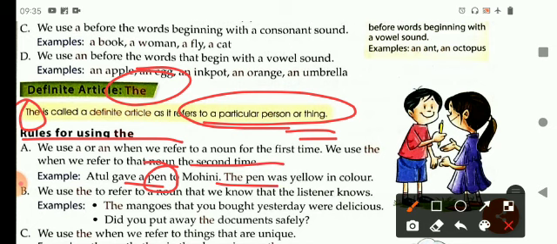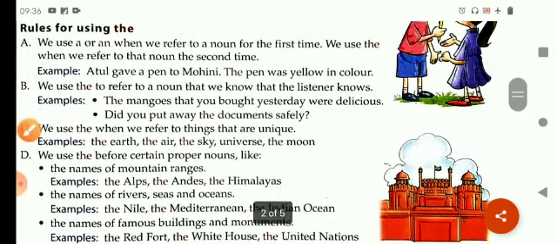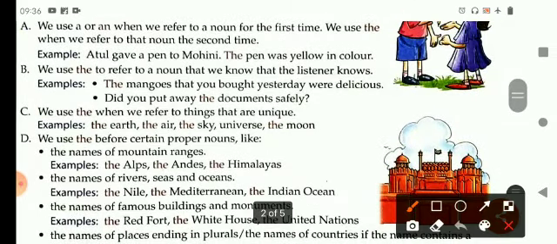We use the to refer to a noun that we know the listeners know. For example, the mangoes that you bought yesterday were delicious. Did you put away the documents safely? We use the when we refer to things that are unique, like the earth, the air, the sky, the universe, the moon.